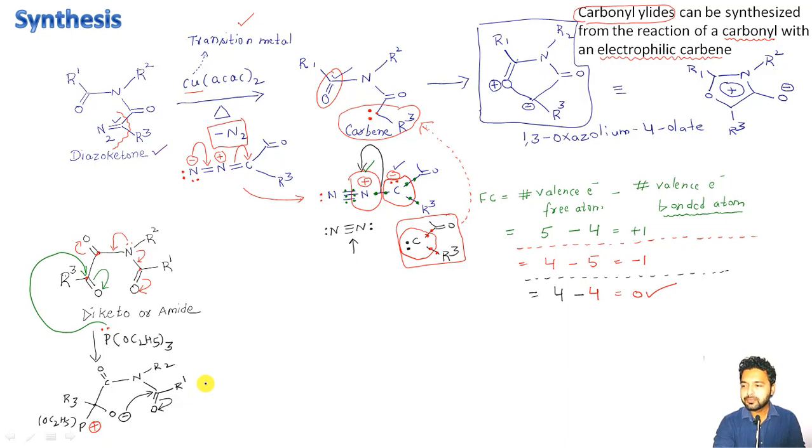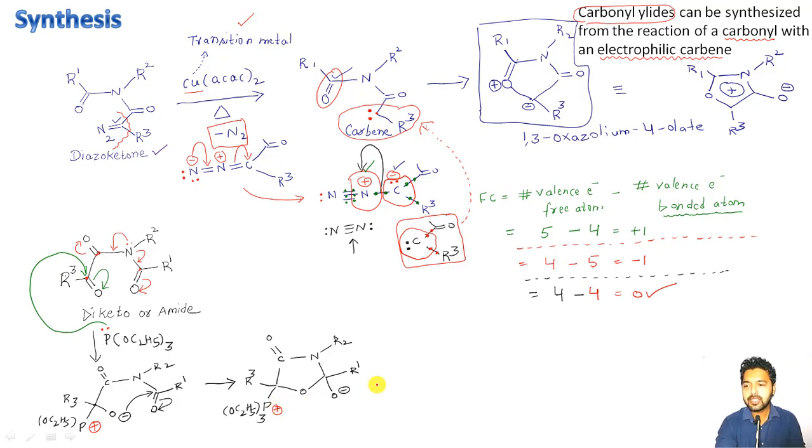So after that, it will now result in the formation of what? A carbon here, double bond, oxygen, single bond, nitrogen having this R2 group, single bond, it is having this R3. Moreover, a phosphorus having OC2H5 thrice with an oxygen atom that is now bonded to this carbon atom having oxygen negative and this R1 group here. Okay. And moreover this phosphorus atom here is having a positive charge.